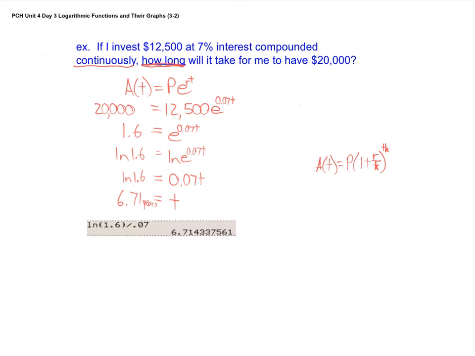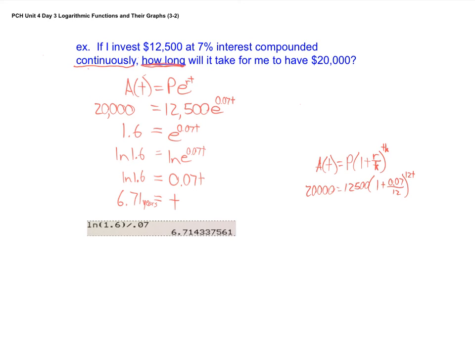Anyways, this would be 12. We would have 20,000 equals 12,500 times 1 plus that 0.07 divided by 12 to make it a monthly rate, and we'd multiply our time by 12 as well, because that's going to be a certain number of months. Our time doesn't necessarily say that we have to give our answer in years, but typically we would.